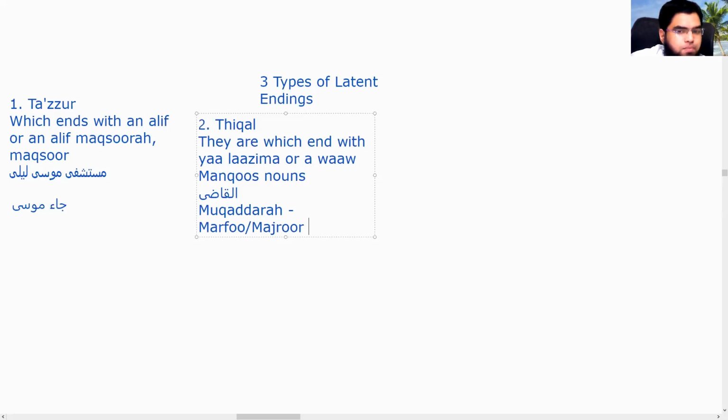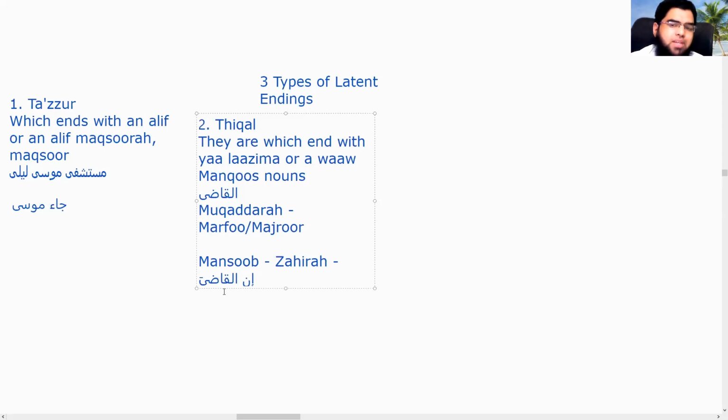But in mansub, we have to show it. It is zahira, it is not muqaddara. Inna al-qadiya. Because it's not difficult to say, the Arabs left it like that.